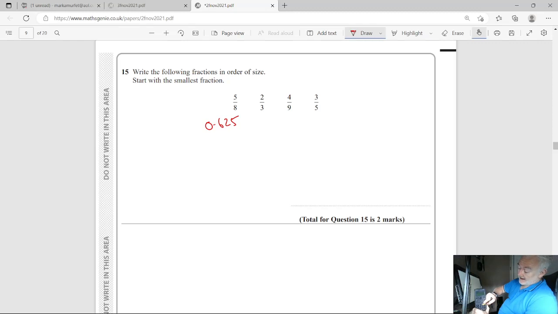Press it again, 0.66666. So I know that's 0.6666. Next one, 4 divided by 9. SD, 0.4 with a dot over it again, press SD again, 0.4444, and so on.